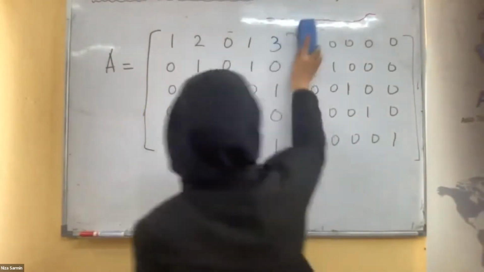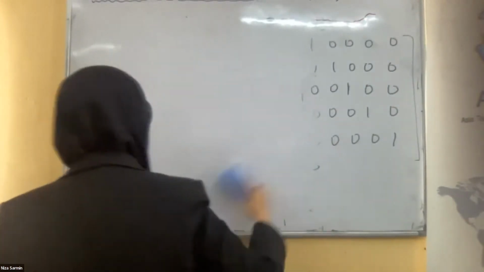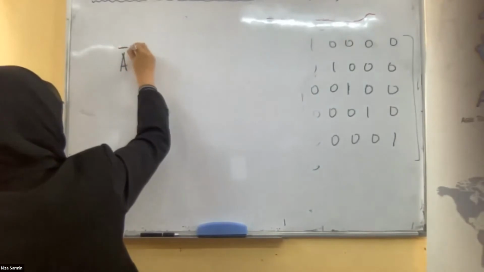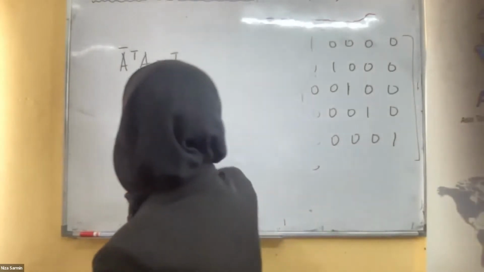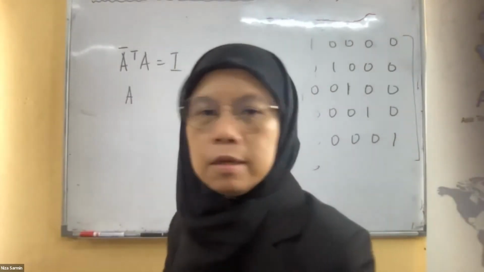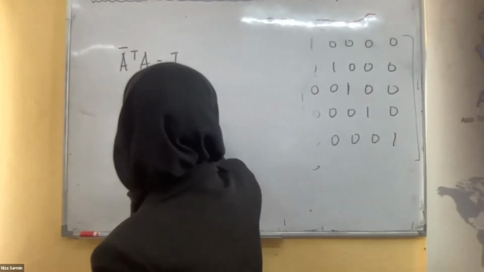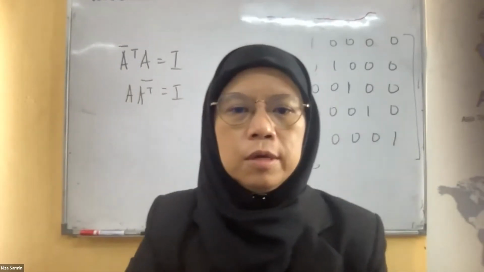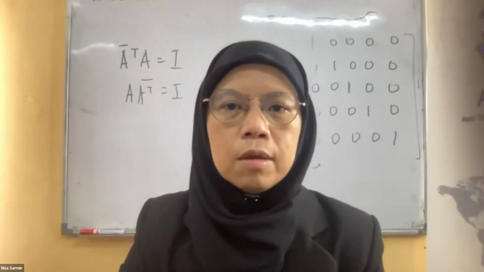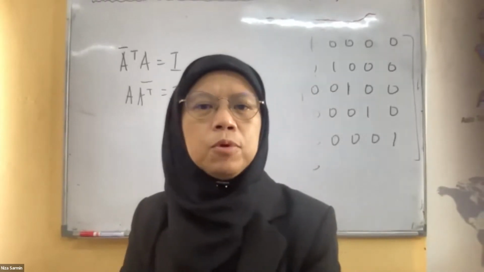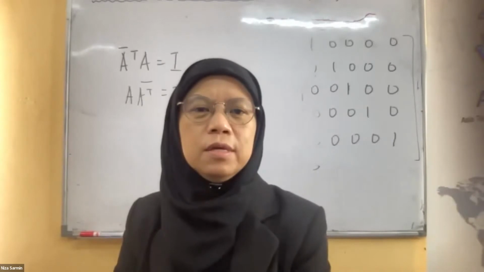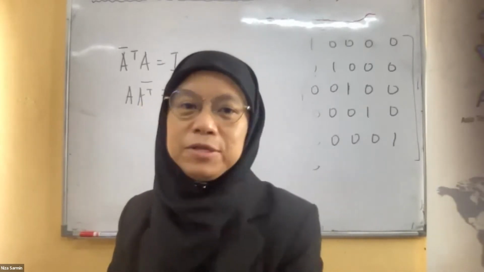Okay, a unitary matrix. Unitary is A bar transpose A is identity, or A transpose bar is identity. And then soalan dia, you said the product of the inverse of a unitary matrix.